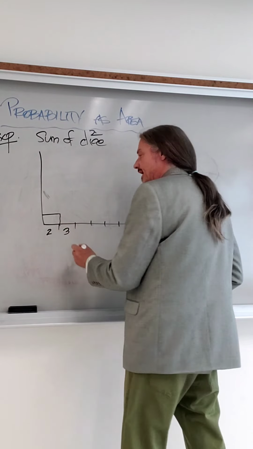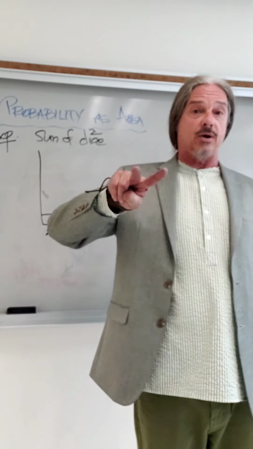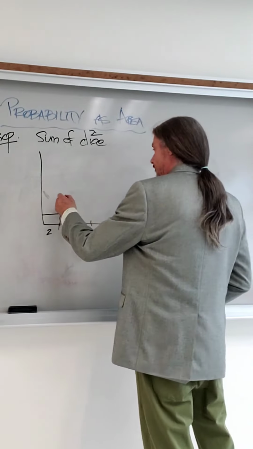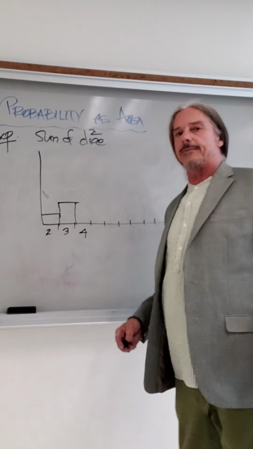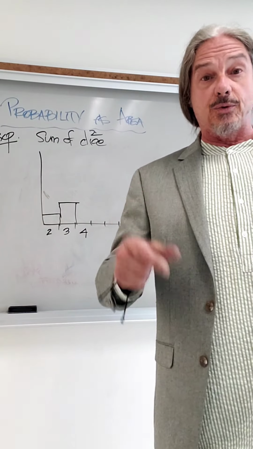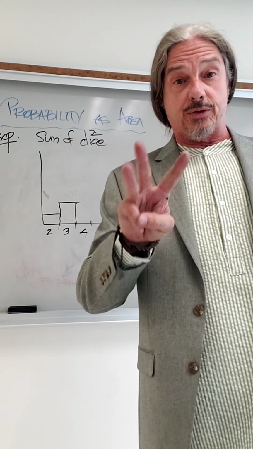3 can happen 2 ways. You can get a 2 and a 1 or a 1 and a 2. To get a sum of 4, you can get a 3 and a 1, a 1 and a 3, or a 2 and a 2. 3 ways.